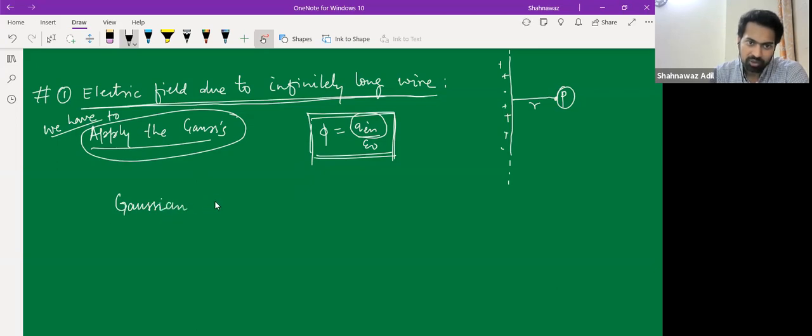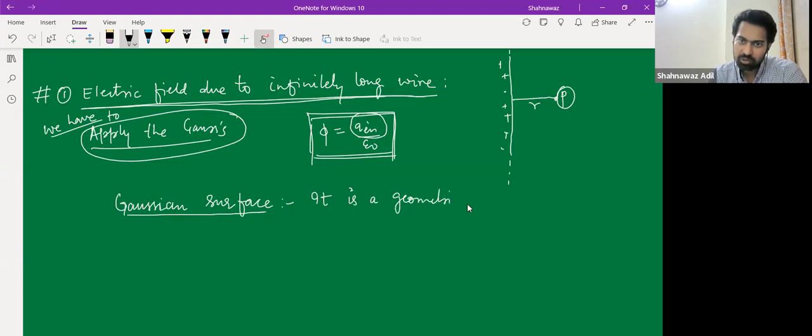Yeah, so that's where this Gaussian surface comes in. So what is a Gaussian surface? Right. So it is a geometrical concept to easily calculate the flux. Right.